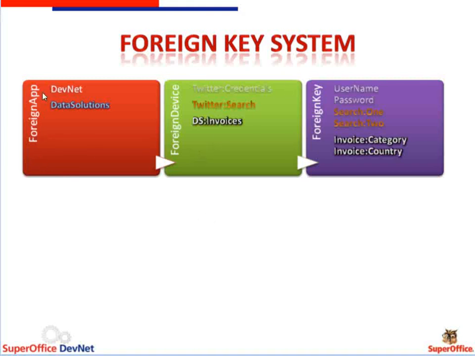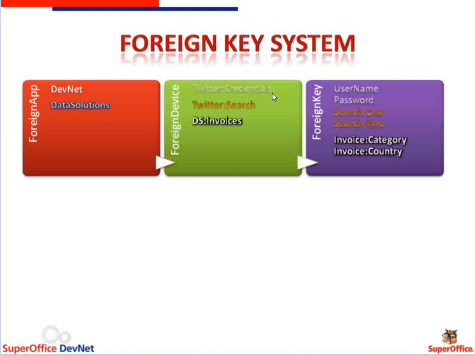We have the foreign app table, which contains all of the application definitions. We have the foreign device table, which has essentially two keys inside of it that allow us to define many different subsections for applications that we define. For example, we can define DevNet as an application, and within the foreign device I can define Twitter as a device name.